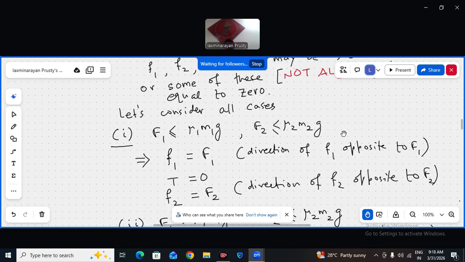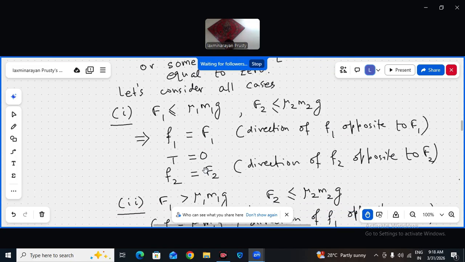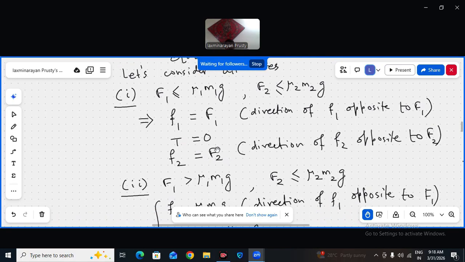In this case, since F2 is not able to overcome the maximum friction force, and F1 is not able to overcome the maximum friction force, the friction force will be simply capital F1. T will not come into picture. And friction force on the 2 also will be capital F2. Simple as that. Because unless the F1 or F2 exceed the maximum friction force, the pulling will not happen.